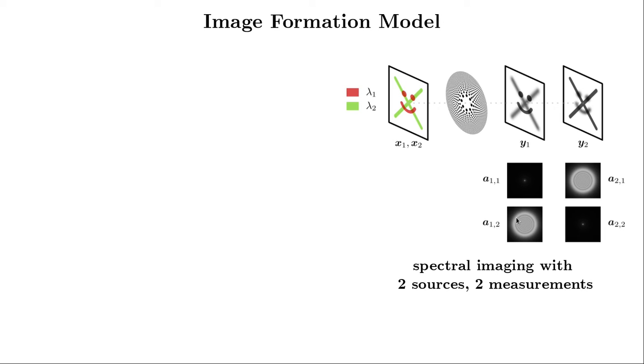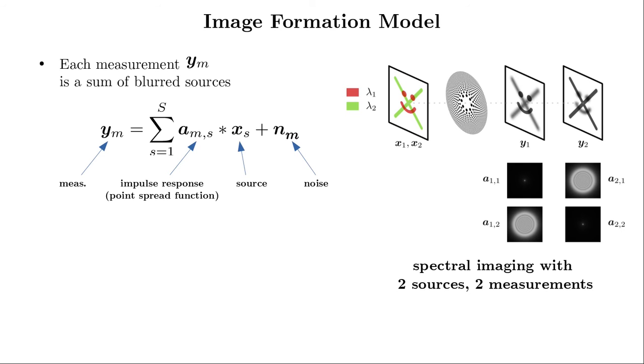And so you can see here one of the properties of a diffractive element is that you have different PSFs for each source, which change depending on the wavelength and also the distance that you're measuring at. And that is to say, the wavelength of the source. So if we write this mathematically, we'll see that each of our measurements, y_m, is a sum of all of the sources blurred to varying degrees, plus some systematic noise.